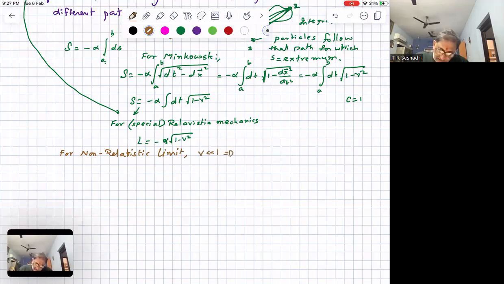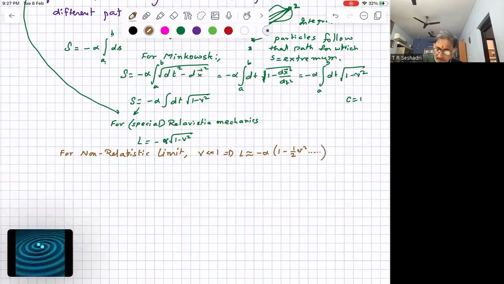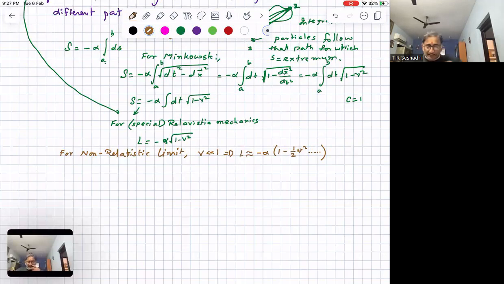And this implies L is equal to minus alpha times (1 minus half v square). You already see something familiar emerging. Do you see what is familiar here? It's a kinetic energy kind of thing. So this is equal to minus alpha plus half alpha v square.